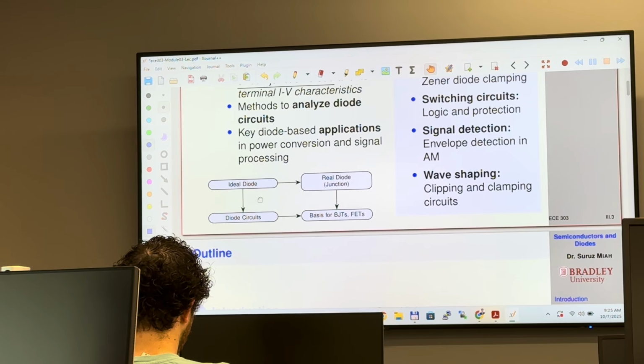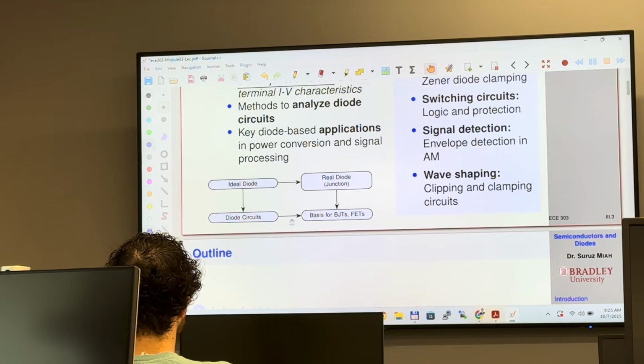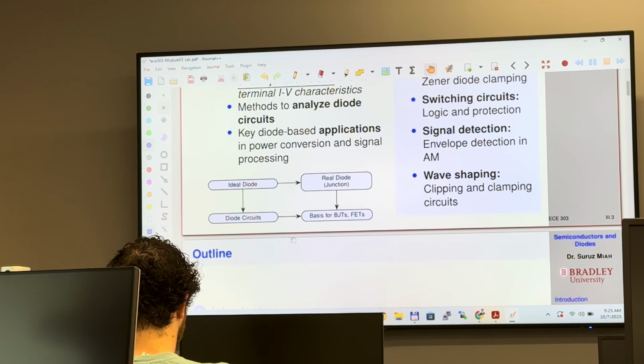We can build the circuit using the ideal version of the diode, and then we can actually analyze BJT bipolar junction transistor and field effect transistor circuits using diode characteristics.